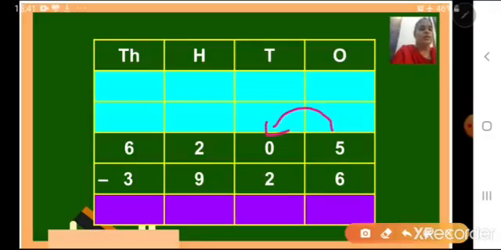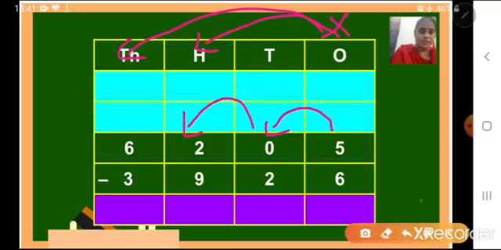Now always remember, while borrowing, you can borrow only from your next place. Ones cannot go to hundreds place or thousands place. It is wrong. We cannot do that. Ones can only borrow from tens place, and if tens wants to borrow, he can borrow from hundreds place.